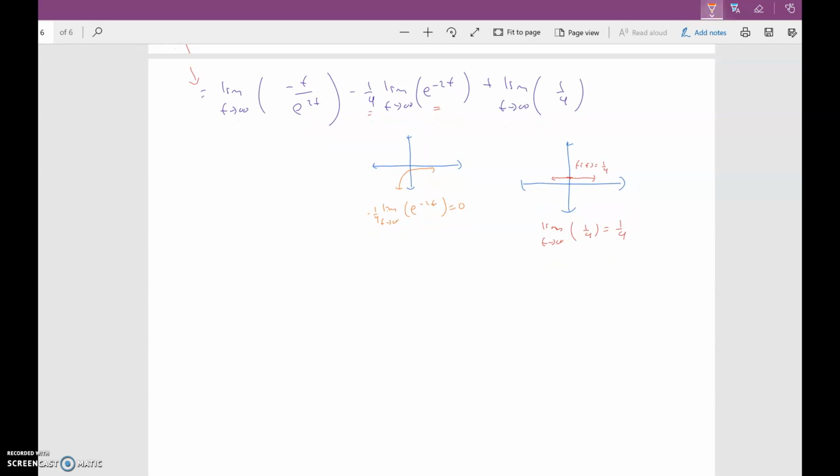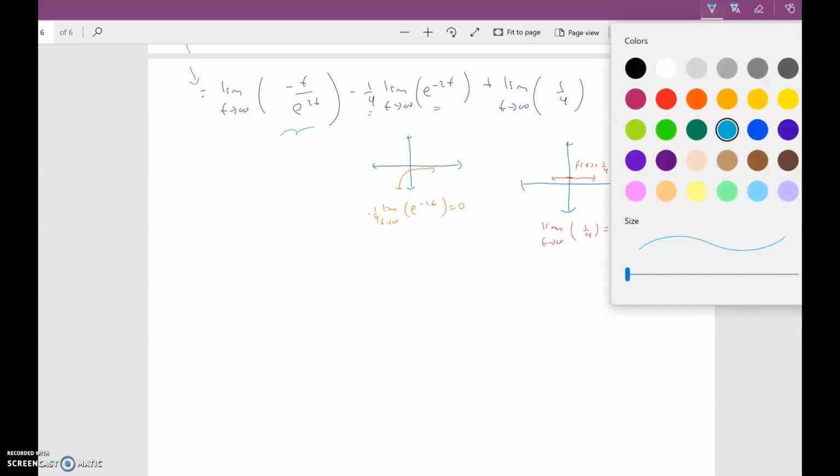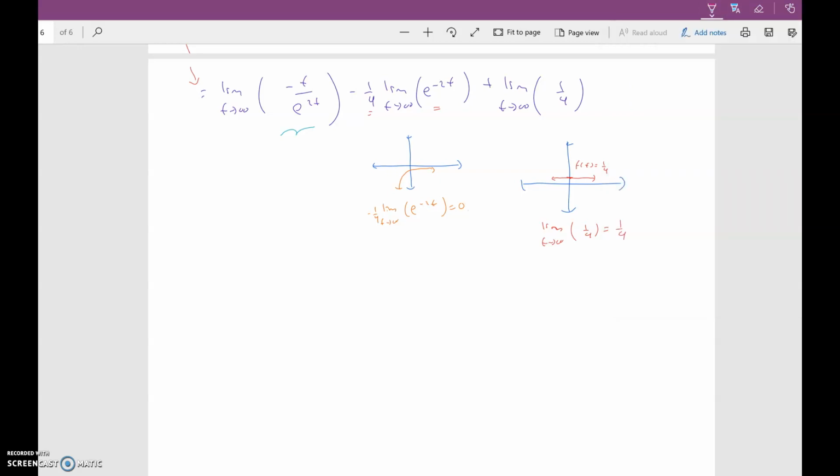The next one has a minor problem. And the problem that we have is that this is one of those indeterminate forms. So by L'Hopital's rule, this one's going to have the following. And it's L'Hopital's rule because as t goes to infinity, the top goes to infinity and the bottom goes to infinity.